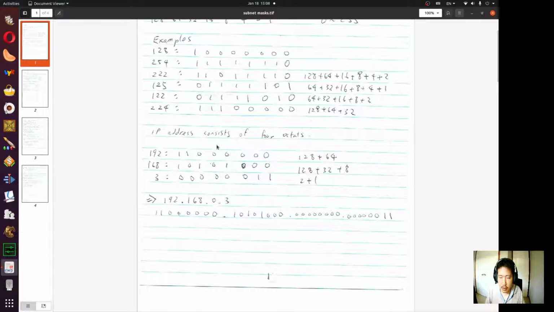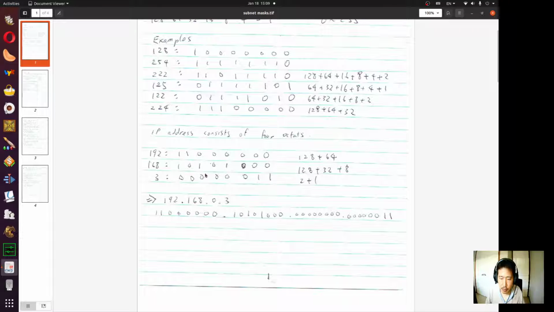IP address consists of 4 octets. Let's try to write this IP address into octets. 192.168.0.3. So we got 192 here, which is 128 plus 64. 168 is 128 plus 32 plus 8. 3, you just turn on the first 2 digits because 2 plus 1.